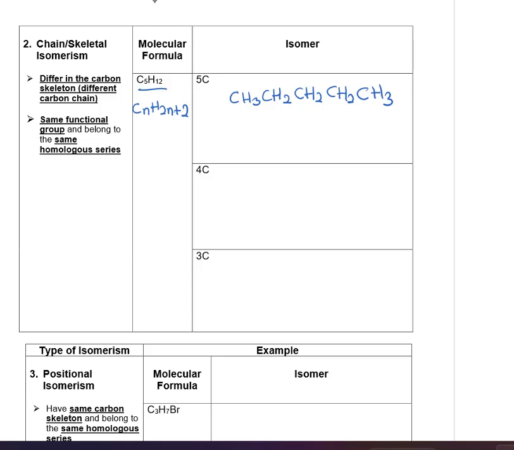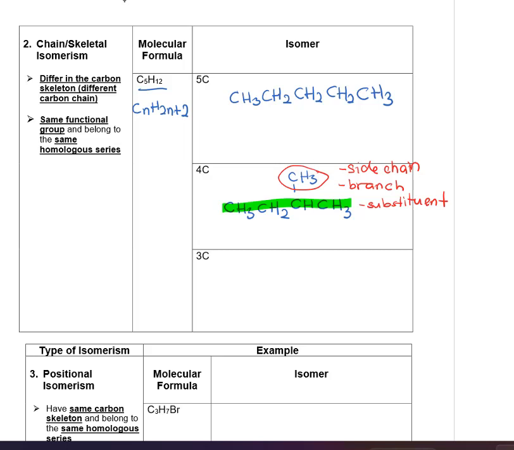Next, with the same molecular formula, I can draw this one as butane. The longest carbon chain here is 4 carbon, which is butane. This one we call a side chain, or a branch, and another name is substituent.